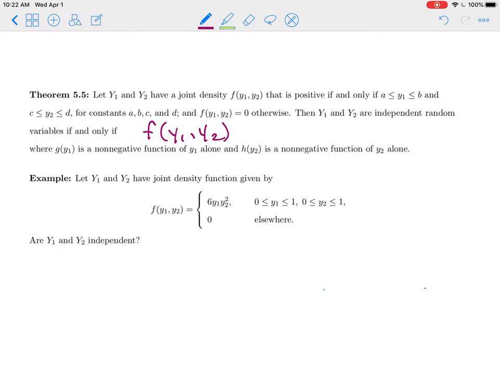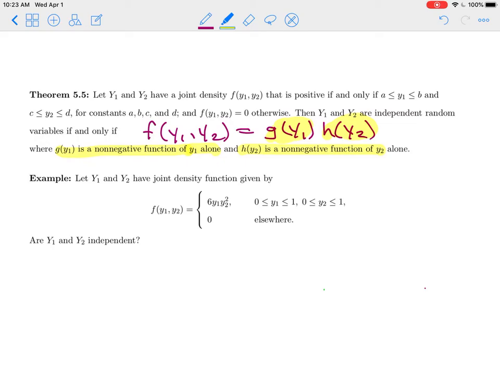if and only if that can be written as a product of two other functions, g of y1 and h of y2, where g of y1 is a non-negative function of y1 alone, and h of y2 is a non-negative function of y2 alone.